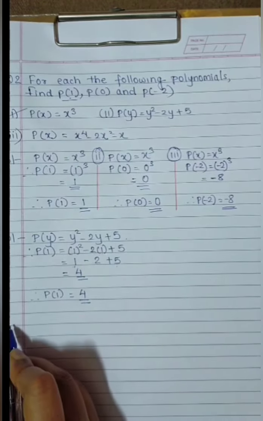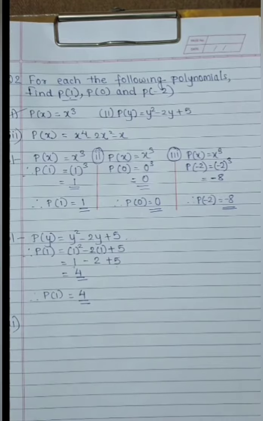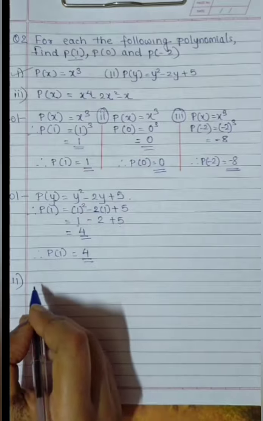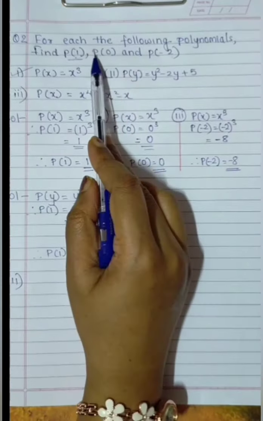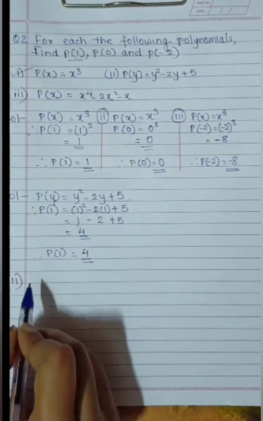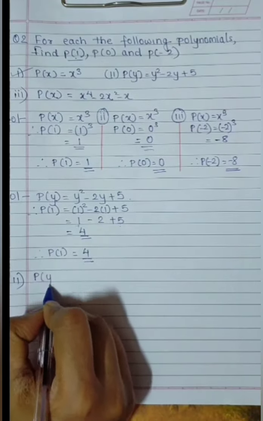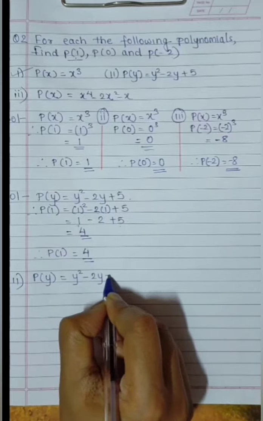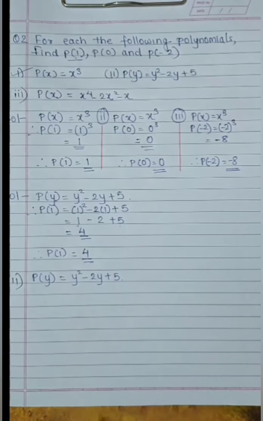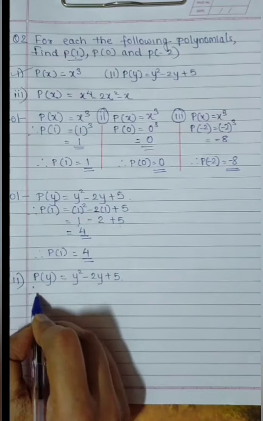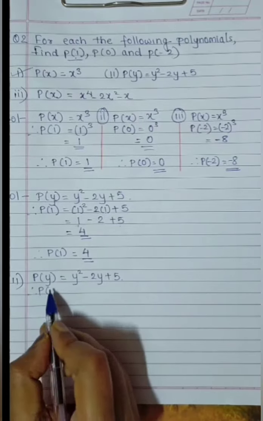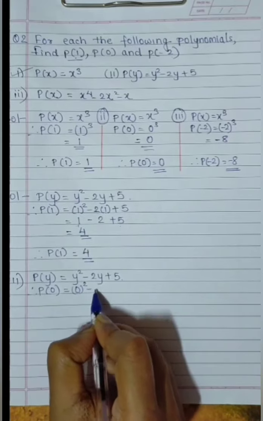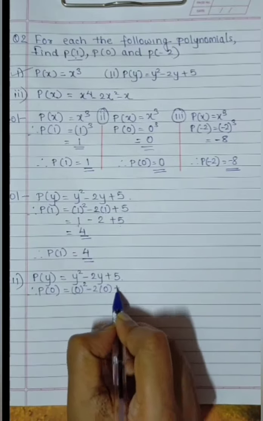Now here I am writing the second equation. I hope it is visible. So I am writing the second equation with value 0. So I am taking here p(y) equal to y square minus 2y plus 5. Now here the value of y is given 0, so 0 square minus 2 into 0 plus 5.